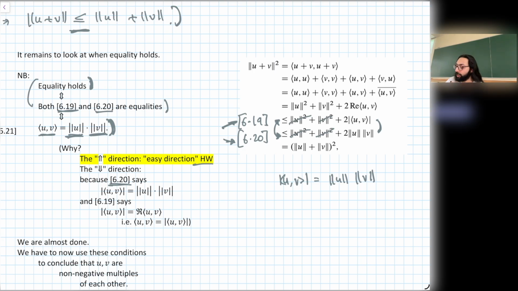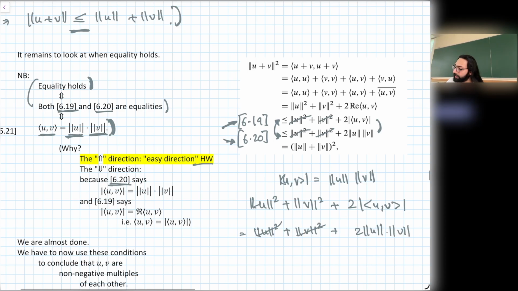So if you enforce 6.20, you're getting that norm of u square plus norm of v square plus 2 times absolute value of uv is the same as norm of u square plus norm of v square plus 2 times norm u norm v, right? So I'm just canceling these and saying this. Is that okay? Right? So you have this step.